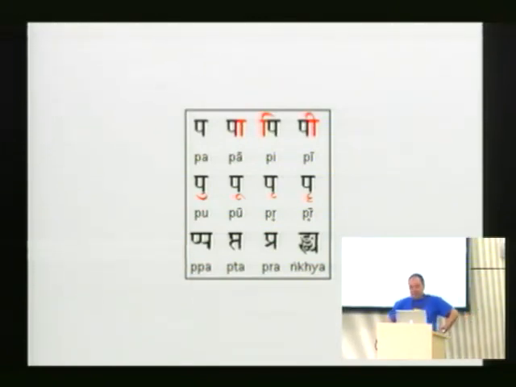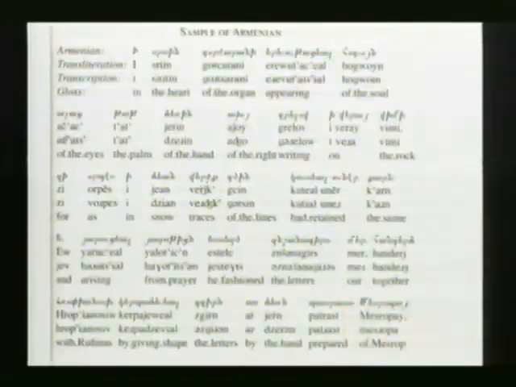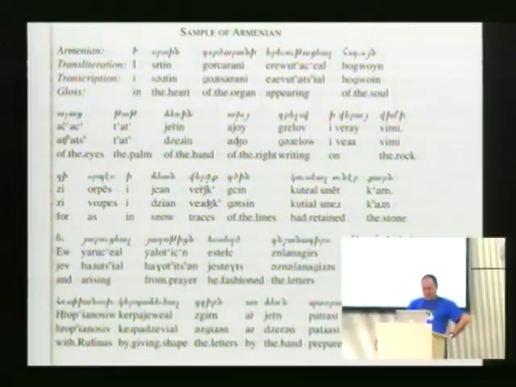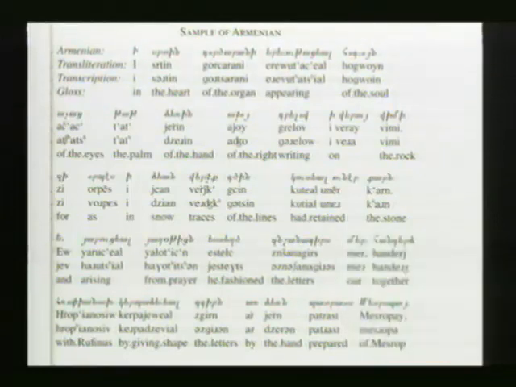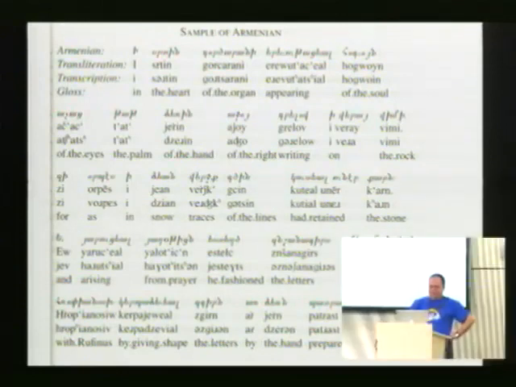Or you use another book, which is in my bibliography. That's a book by Daniels and another author, which contains tables of very many different scripts, writing systems with sample text.